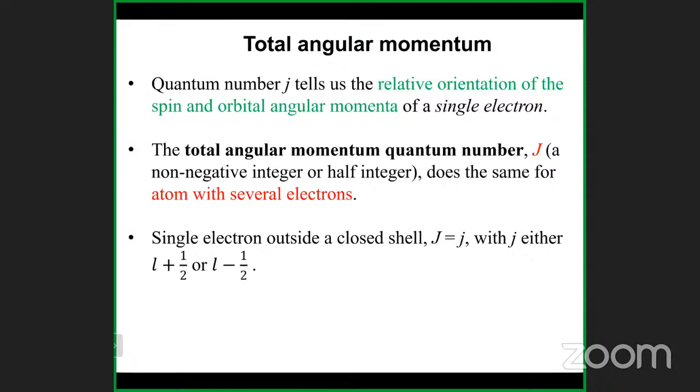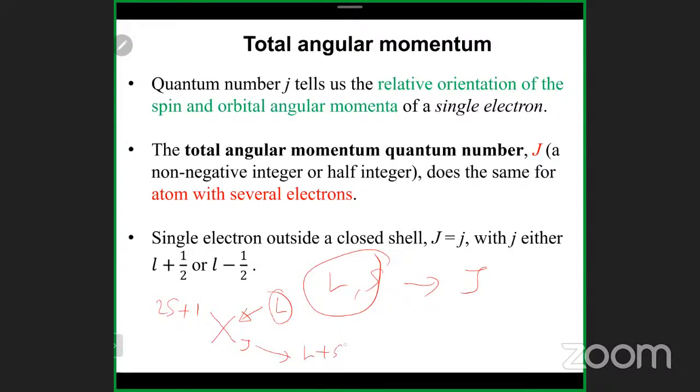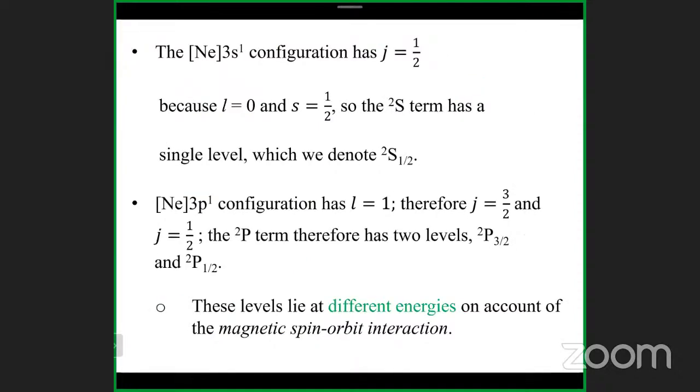So we know the L, we know the S. Now we have to add the L and the S in order to get a J. Because we know the term symbol is in this form: 2S plus 1, an X there, then you have J. X is determined by the value of L, and J here is basically L plus S in a vectorial way. So how do we actually do this?